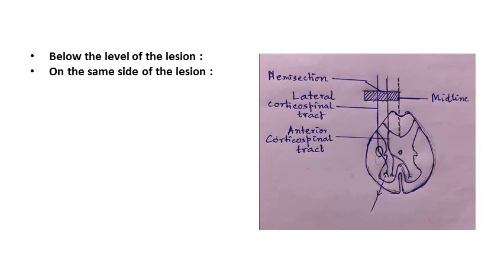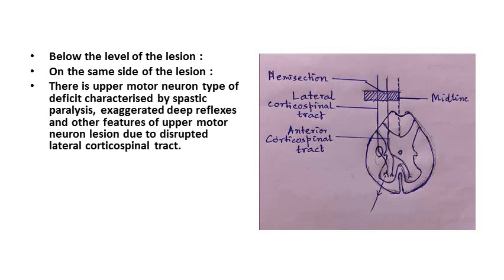Now below the level of the lesion, what happens? Let us see. On the same side of the lesion, there is upper motor neuron type of deficit, because the hemisection is much above.